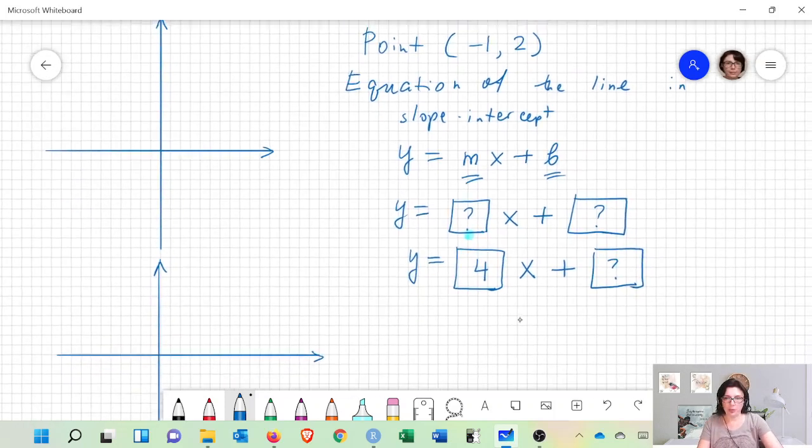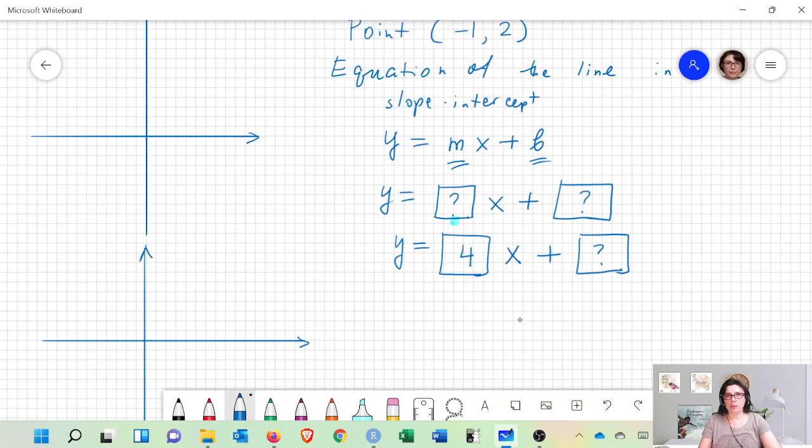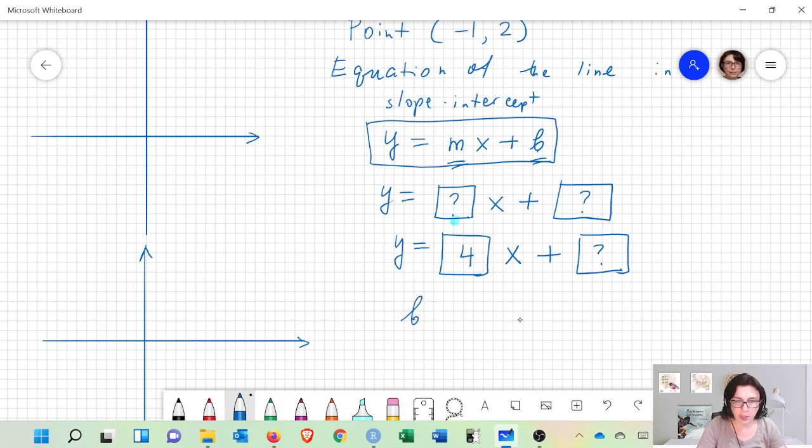So here's how we do that. Now, you could memorize it or you could just figure this out. It's not that hard. When you look at this equation, if you're solving it for b, then you would subtract mx from both sides. And so b would become y minus mx. I usually write this formula down on my tests for people so they don't have to memorize it.